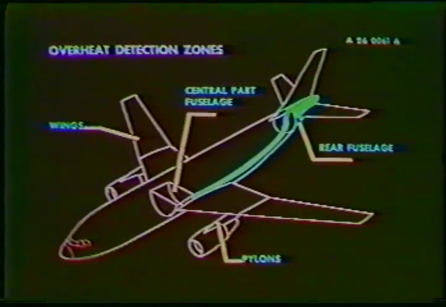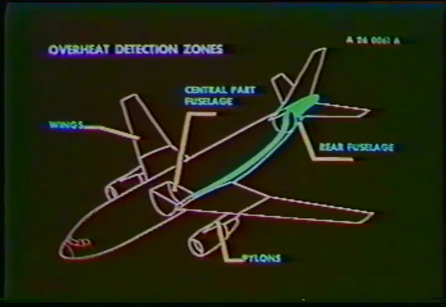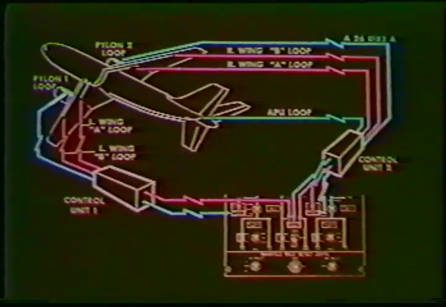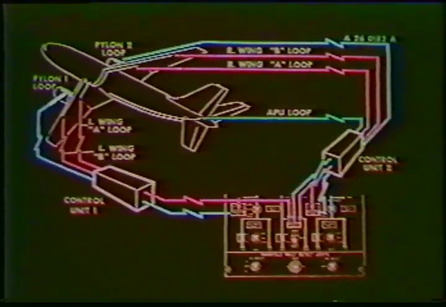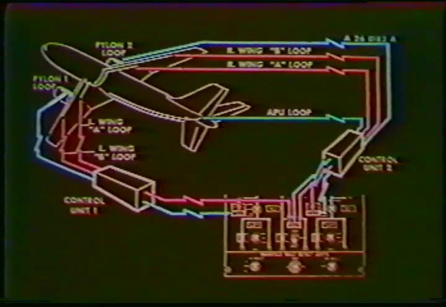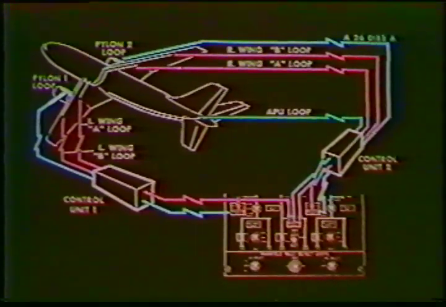In the wing, along the de-icing duct, along the APU supply duct, the pylon. The total overheat detection consists of 7 sensing loops, 2 electronic control units, and 3 manifold fault lights.